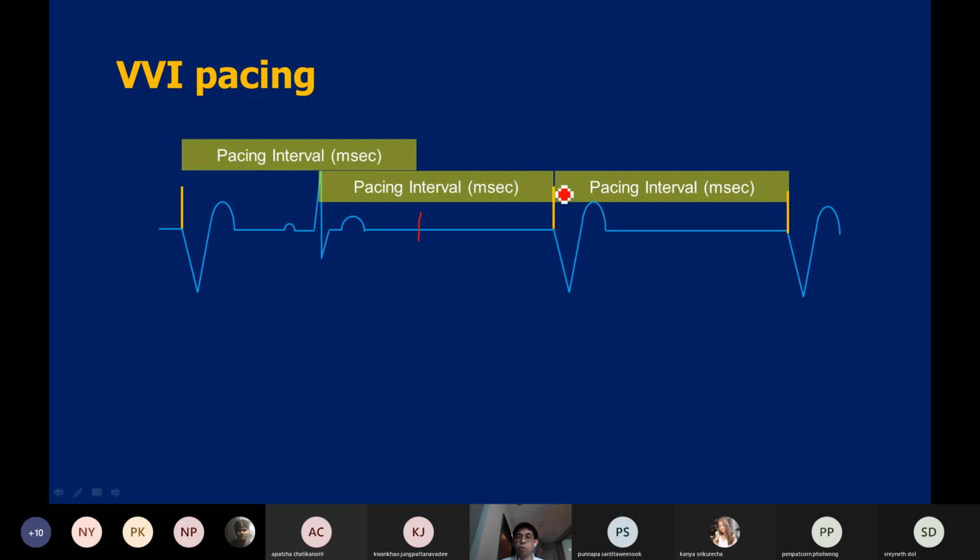And this one also would wait until the pacing interval is reached, and if there is no intrinsic, it would pace again. But if there is an intrinsic somewhere between, it would count a new pacing interval from here to the same duration here.